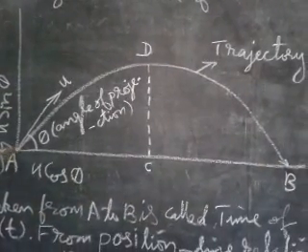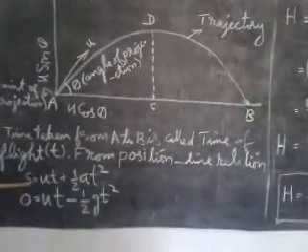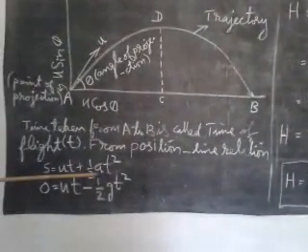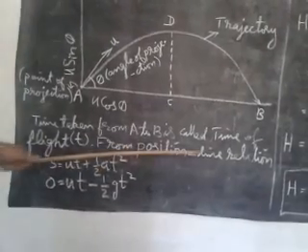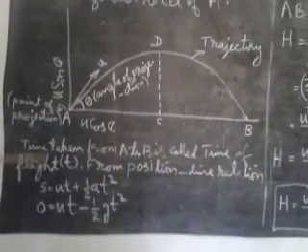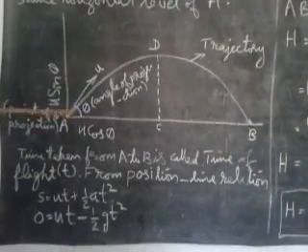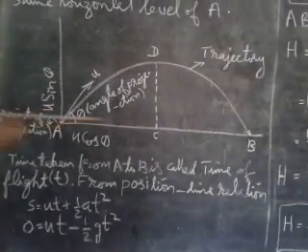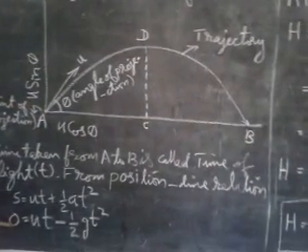So from the position-time relation we get S equals ut plus half at square. This is Newton's equation, the position-time relation, where S denotes the vertical shift. A and B are at the same level, so the vertical shift is 0.